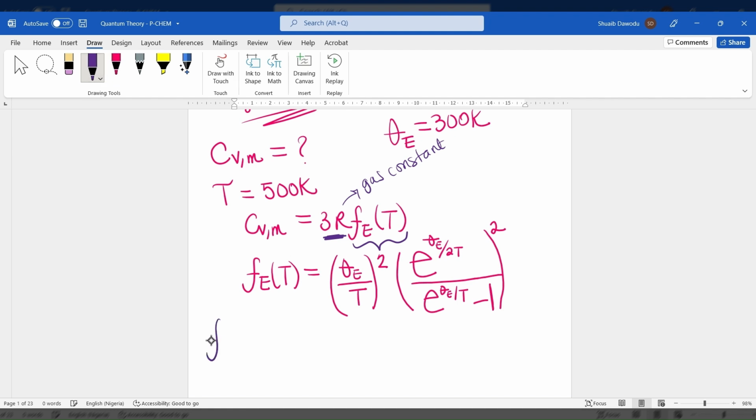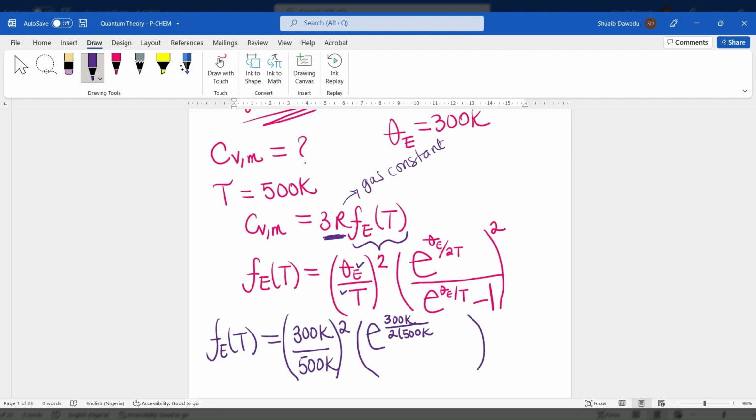So f_E of T equals theta, which is just 300 Kelvin, that's theta sub E, divided by T, which is 500 Kelvin, all squared, multiplied by e raised to the power of theta sub E, that is 300 Kelvin divided by 2T, so 2 times 500 Kelvin, all squared.